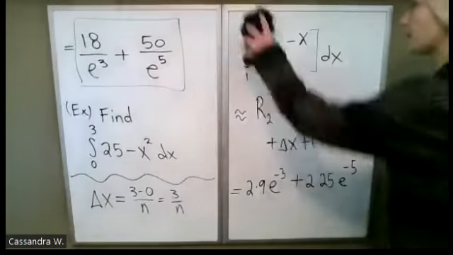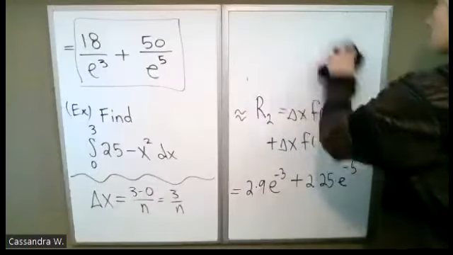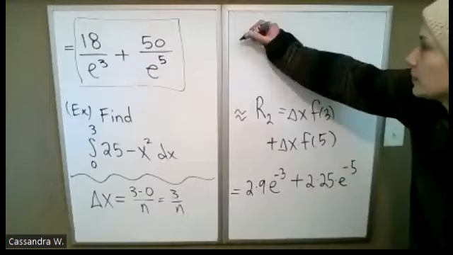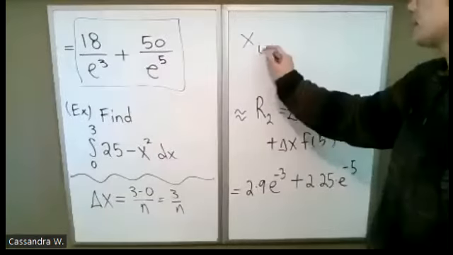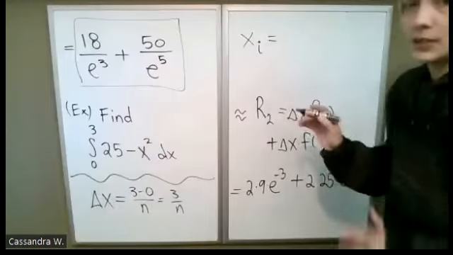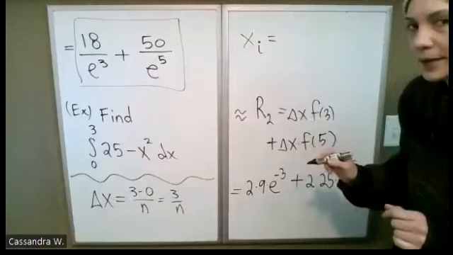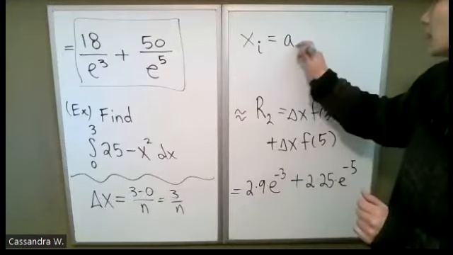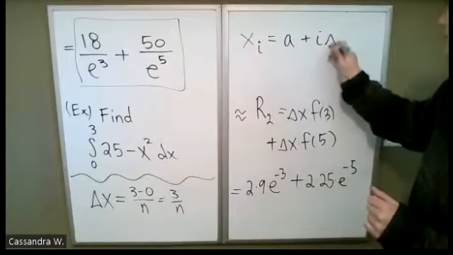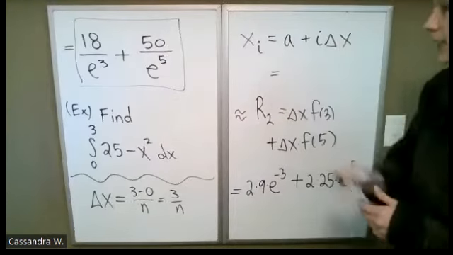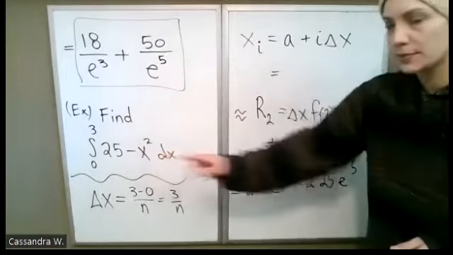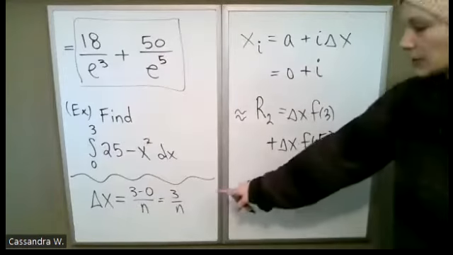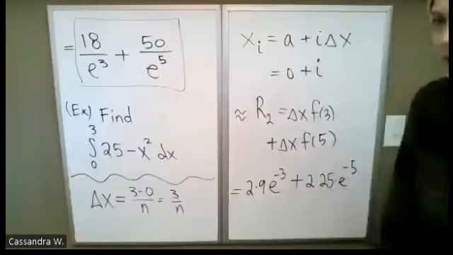Okay. So x sub i looks like a plus i times delta x when you use right endpoints. a is the starting place, 0. Just copy that i, and we just got delta x, 3 over n.